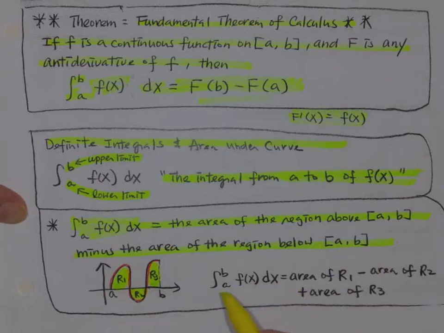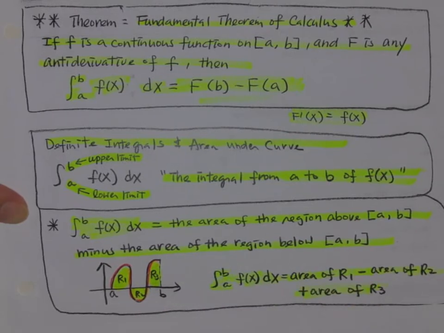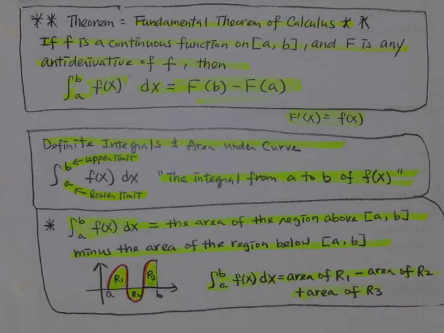So the integral from a to b of f(x) dx is equal to the area of R1, subtracting R2, and then plus R3. We are going to do an example together on the next page. Hopefully that makes it a little bit clearer.